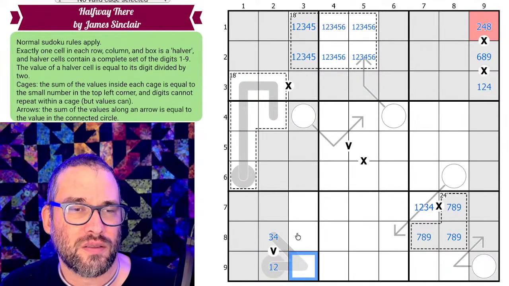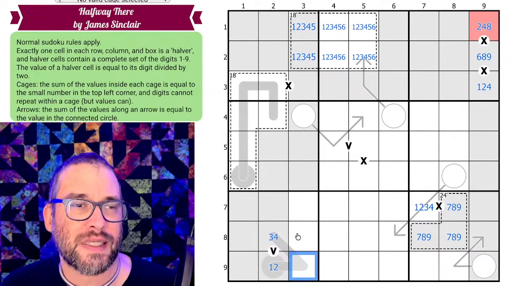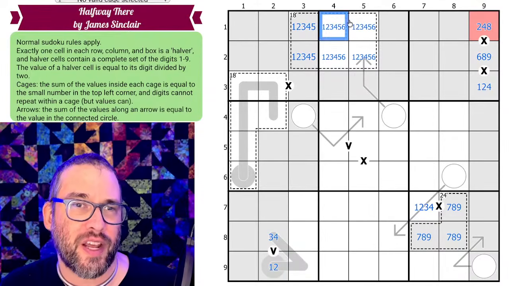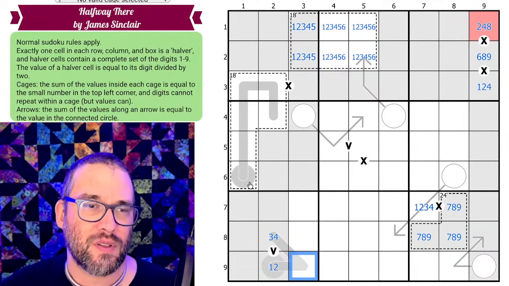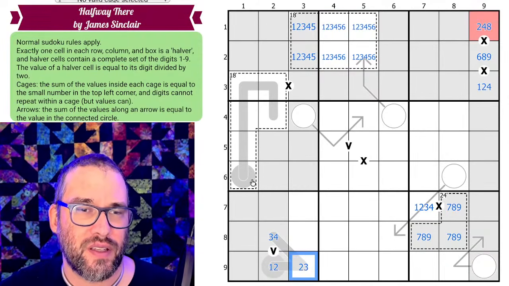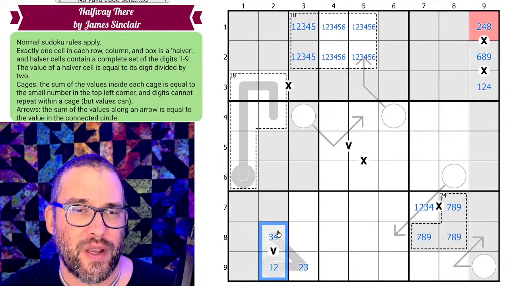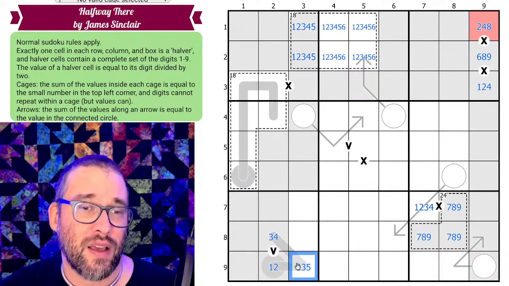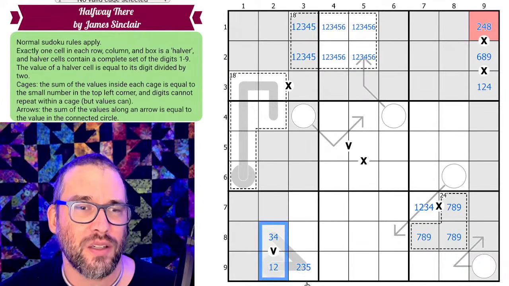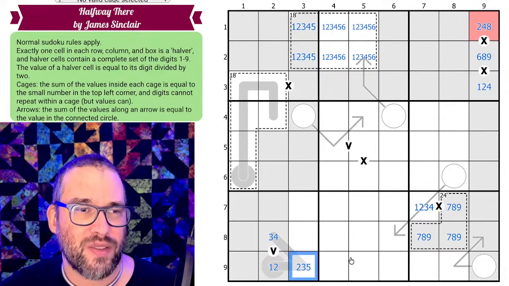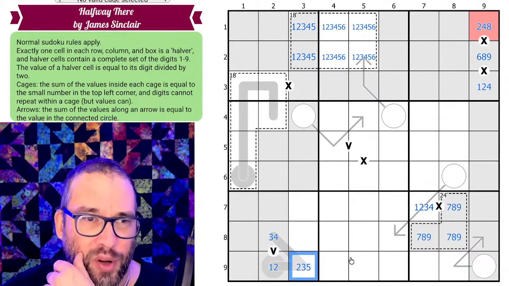Well, it's not 6 because we already have a halved 6 up here. So it's either 2 or 3 going between 1 and 4, or it's a halved 5. I guess it could also just be a halved 3 going with a 1 and a 4. But these are the only digits we can put in here.